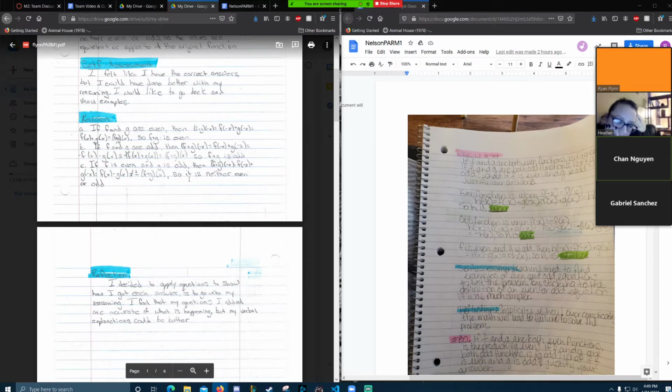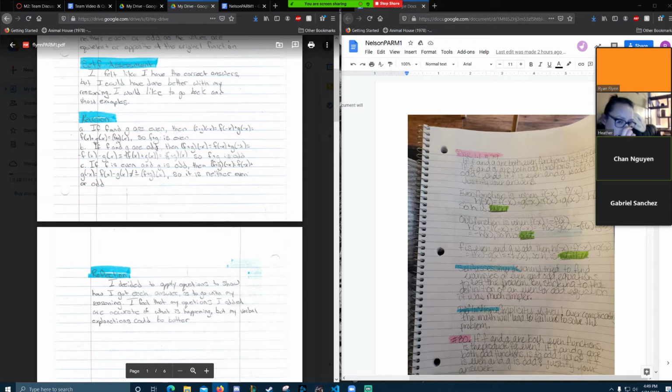For my revision, I added those equations in. So for example, f plus g of negative x equals f of negative x plus g of negative x equals f of x plus g of x equals f plus g of x. So therefore it's even.